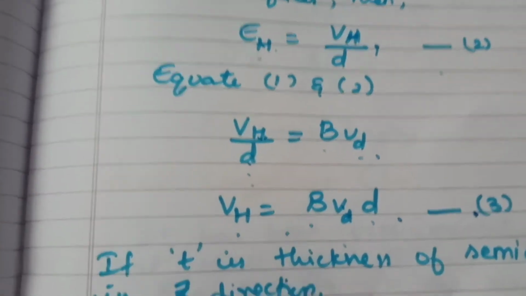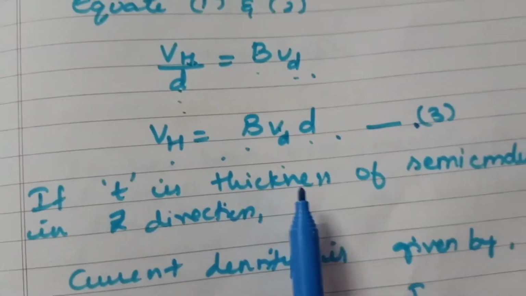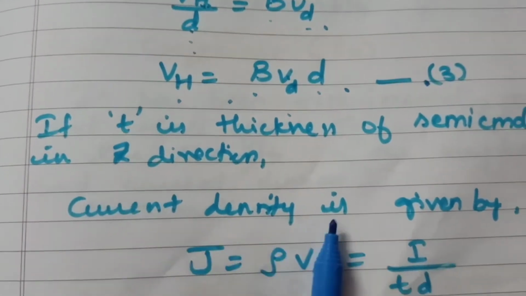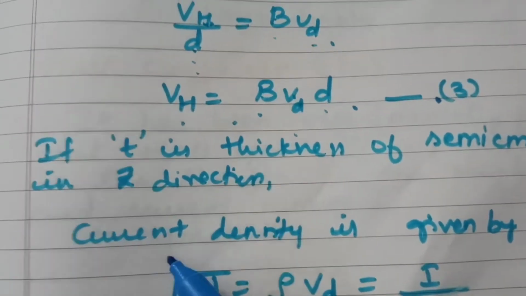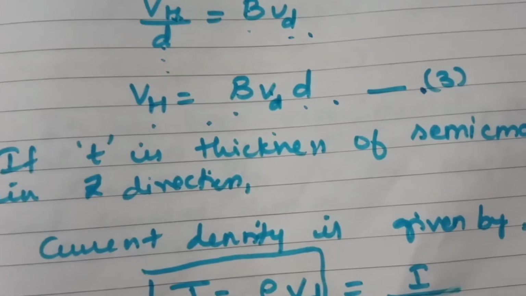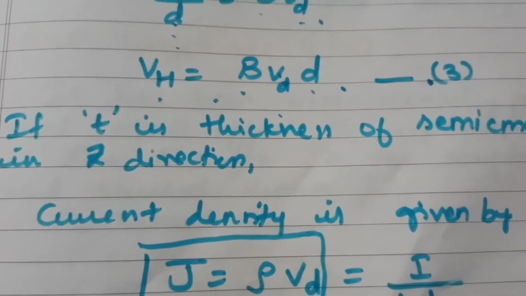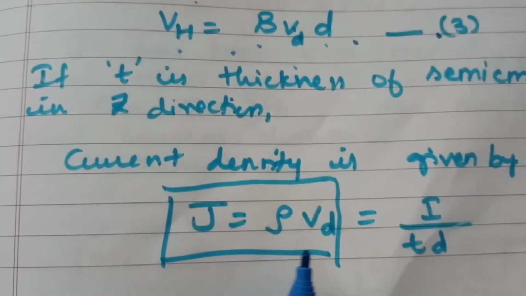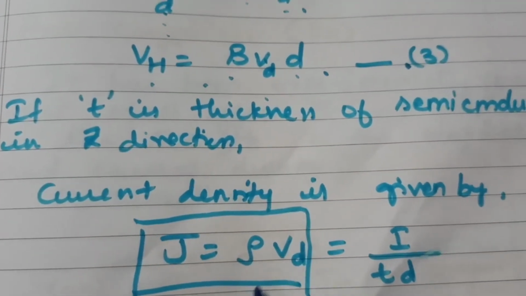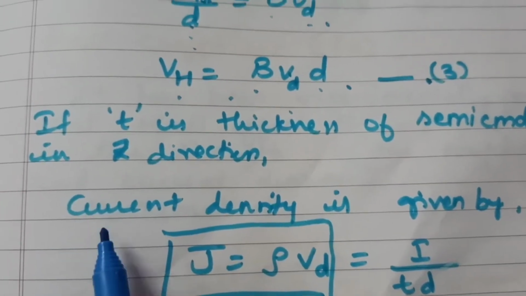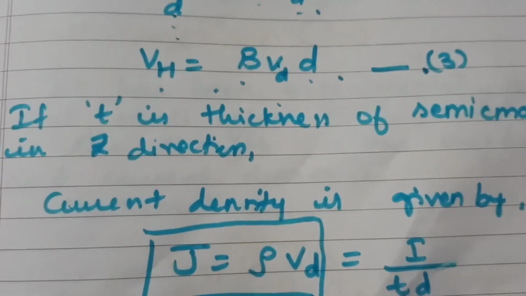Now if t is the thickness of the semiconductor in the Z direction, this is the formula of current density: J is equal to rho into Vd. Rho is the charge density. This can also be written as J is I by t d. In the current density derivation, you will know how we have derived this.